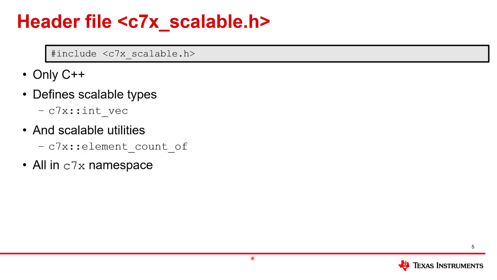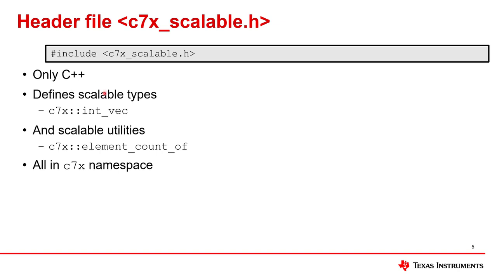The first line of the example includes the header file C7x scalable.h. This is a header file you have to include if you're going to use any of the scalable vector features. One of the things unusual about this header file is that it only supports C++. It uses C++ features in its implementation, therefore it can only appear inside a C++ source file.